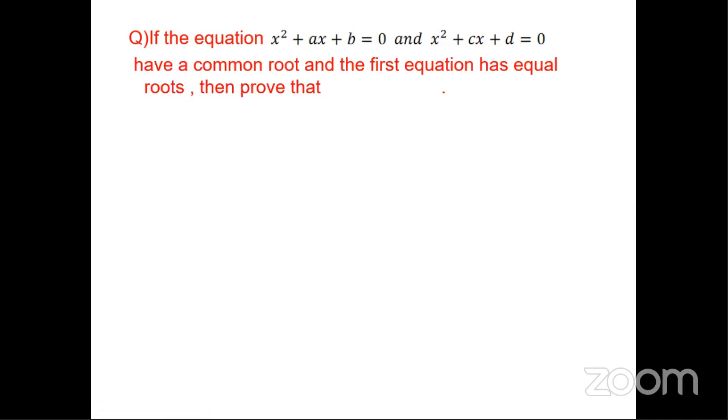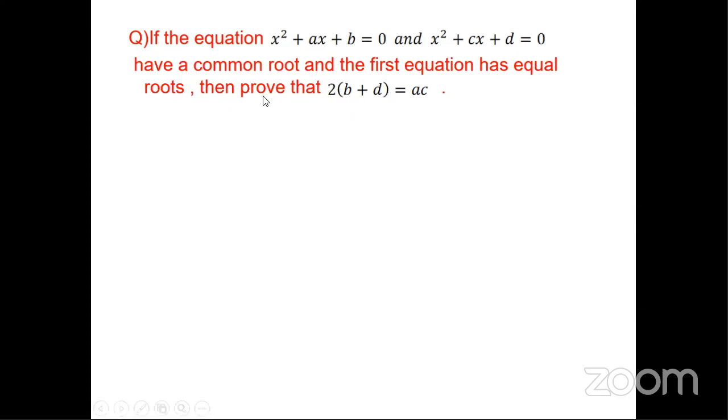He has given that they have a common root, and not only a common root, you are given one more additional condition, that is, your first equation has got equal roots. Now, when do you get equal roots for a quadratic equation? Yes, you will get equal roots when the discriminant is equal to 0. That is, delta is equal to 0.